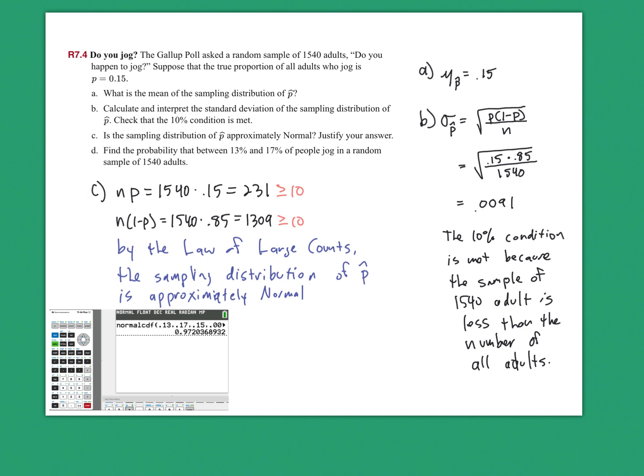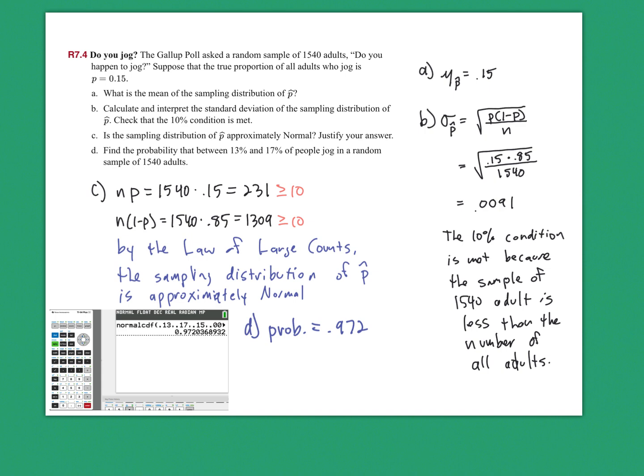Part D. I'll just put probability equals 0.972. That should make sense because the standard deviation is about 0.01, so 13% is about 0.02 away from the mean, and 17% is about 0.02 away.